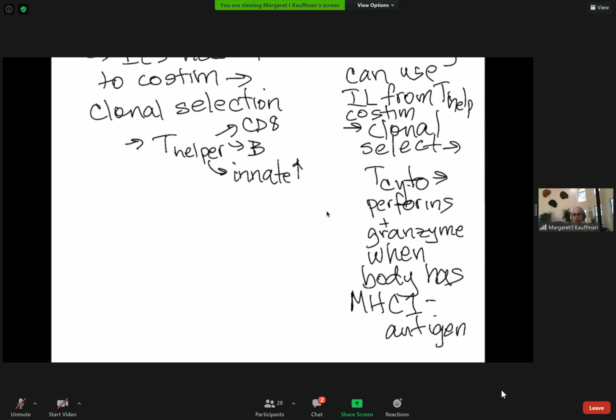So that's almost another double recognition, although they don't call it that. You're going to have the CD8 bind to the MHC1, and you're going to have the antigen receptor bind to the antigen. When that cytotoxic T cell reaches the body cell, you're going to release perforins and granzymes, just like the natural killer cell did, and that will end up killing that body cell.